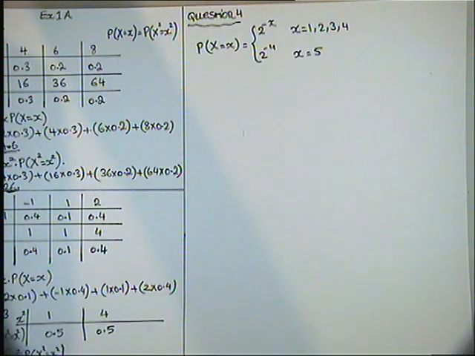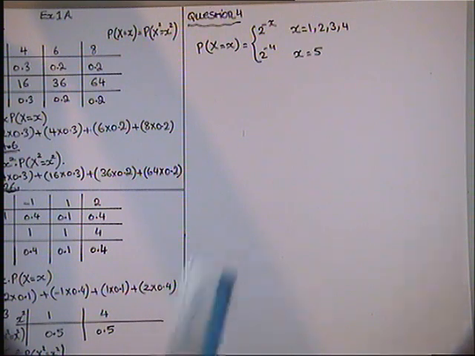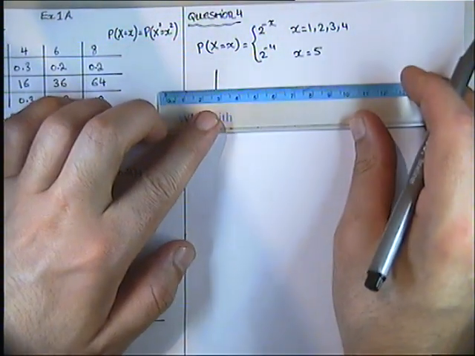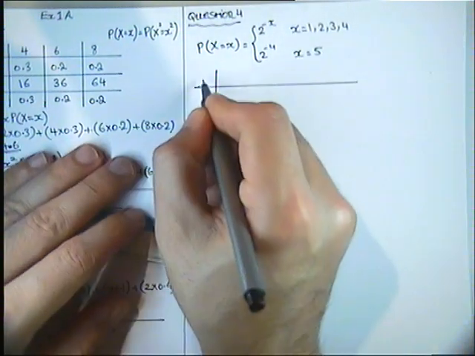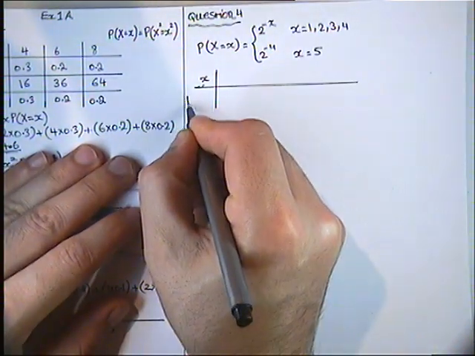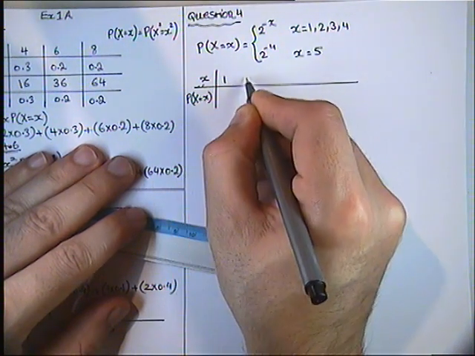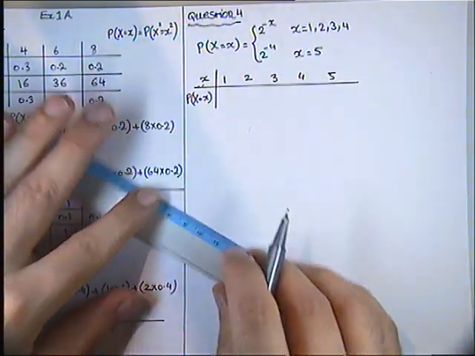Okay, let's draw a table for probability distribution table for this question. Okay, so first of all, the possible outcomes are 1 to 5. Let's draw the table. Okay, x and probability of random variable x equals to x, 1, 2, 3, 4, and 5.